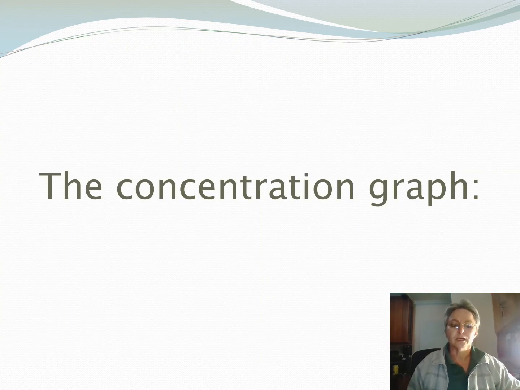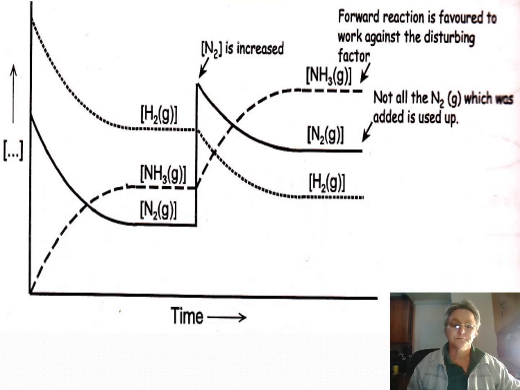Next, we need to look at the concentration graph. Now, the concentration of each reagent would be unique in every situation, depending on what they start off with. So don't get a fright, I'll explain the next graph to you. This is a concentration graph. Now, we started off with hydrogen at that concentration.